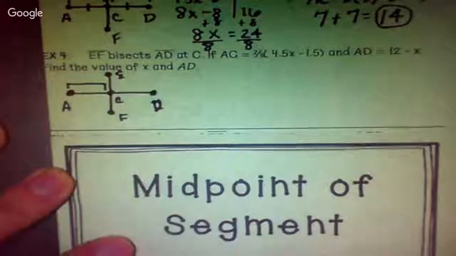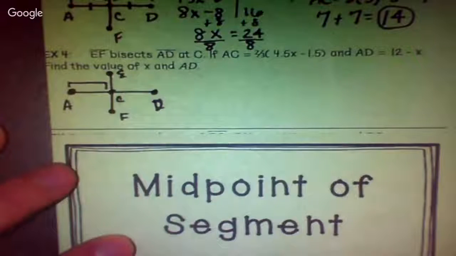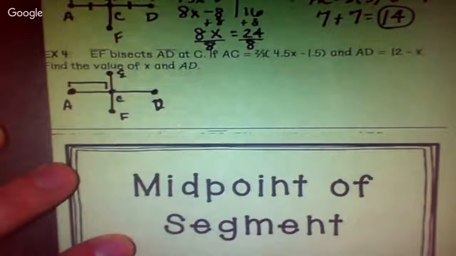So from A to C, guys, I need you to pay attention because this one's going to throw you for a little bit of a loop. Okay, that is a D. So AC, they tell you that this little chunk right here is 2/3 times 4.5x minus 1.5.